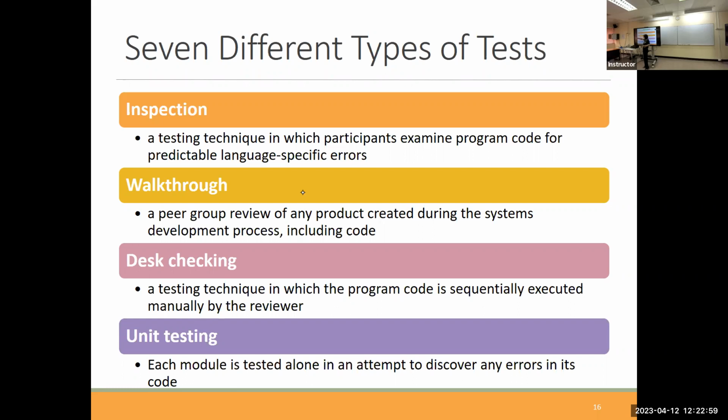You walk through the program to understand and review the code, and there's checking, a technique to execute each part of the code manually, and then the unit testing. You test each unit, each module, as a standalone unit, not yet integrated, just making sure that this unit, this function, this method works correctly.